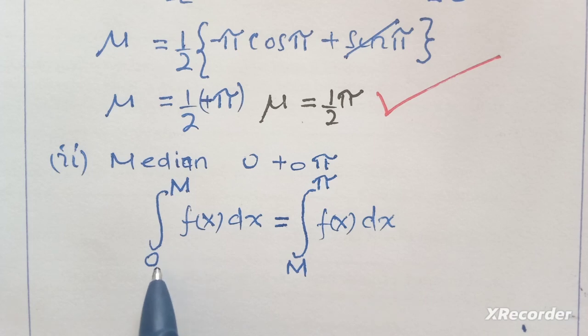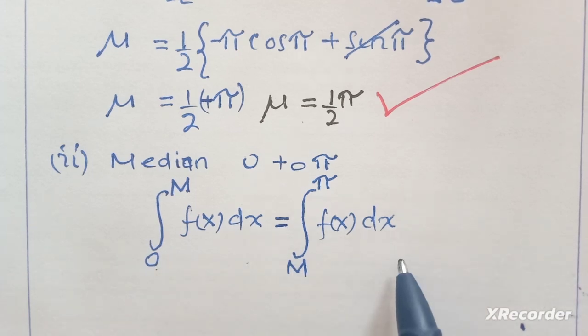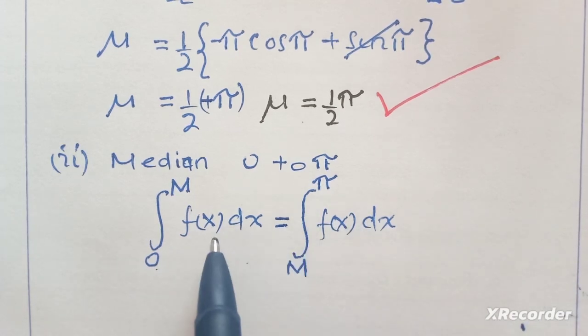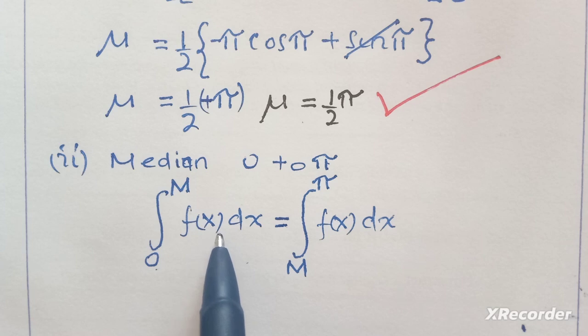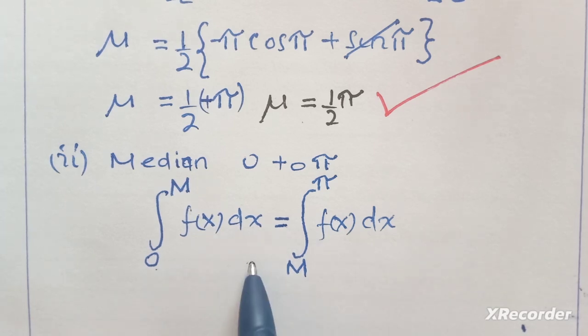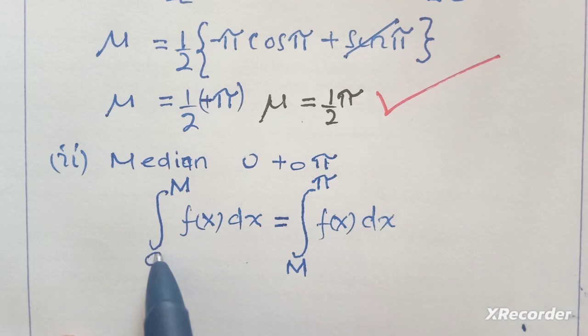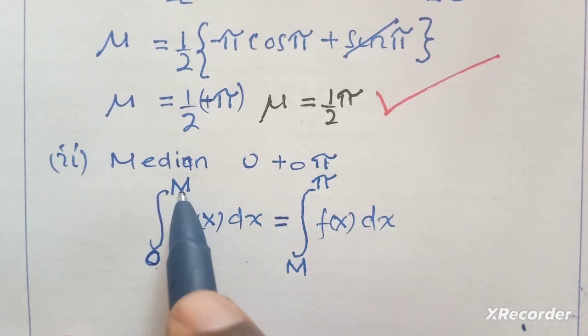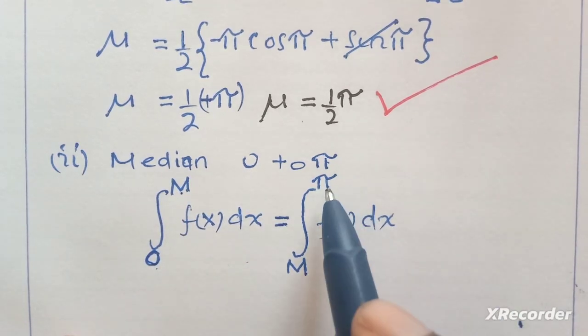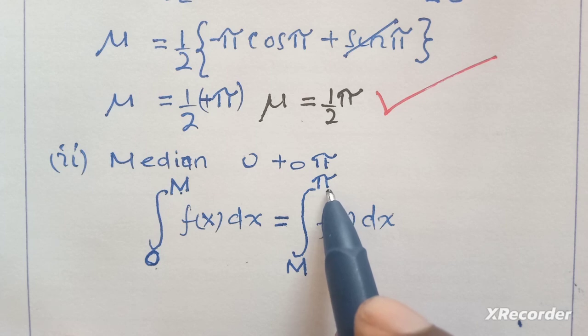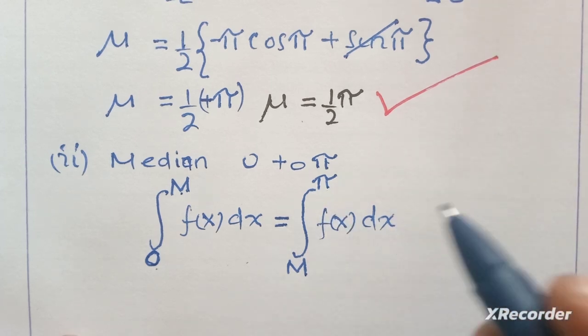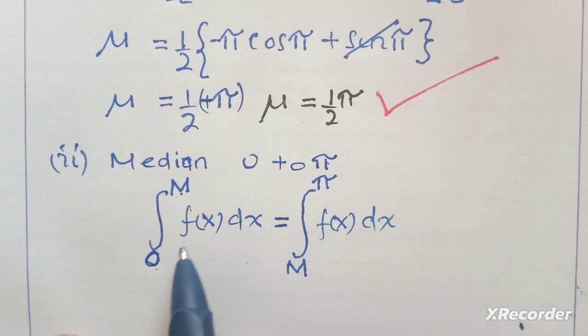This is a half and this is also a half. That is the probability density function when it's integrated, because now it has been divided in two halves: from 0 to the middle, and from the middle to the last, which is pi. This is what gives us 1.